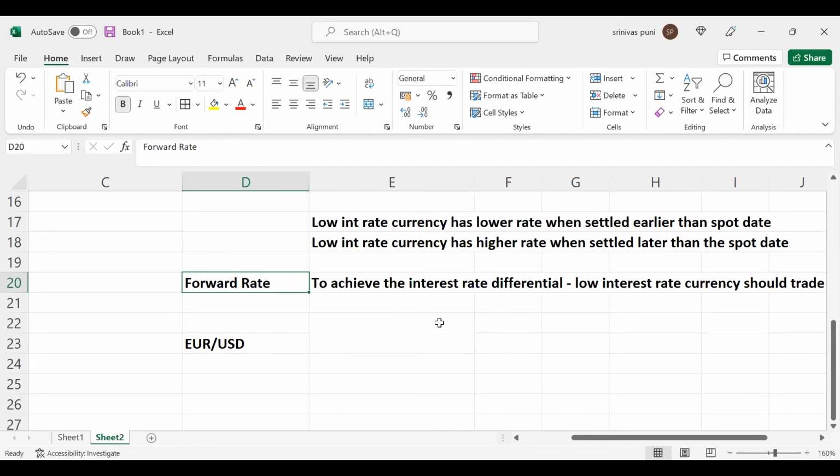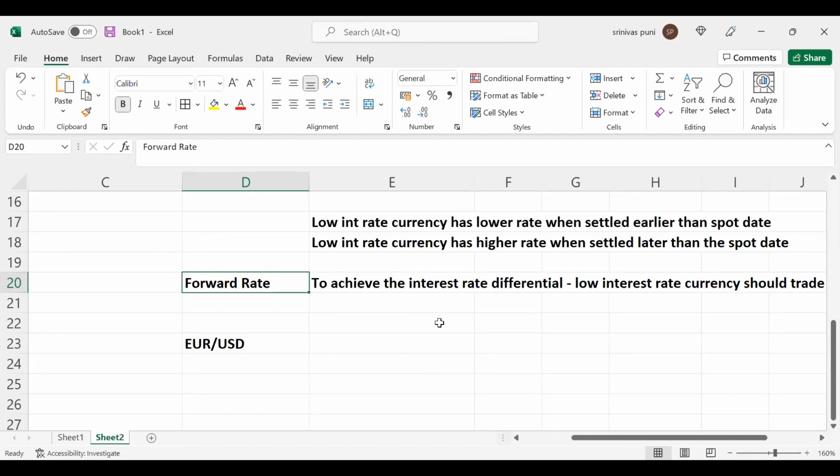Therefore, the person who buys dollars for settlement in the forward date, or sells dollars, might lose out or gain, depending on what the rate is going to be on the future date. It is the same logic as stock trading, except the trading here is generally for value settlement today, but the same logic will apply for the forward rate also.